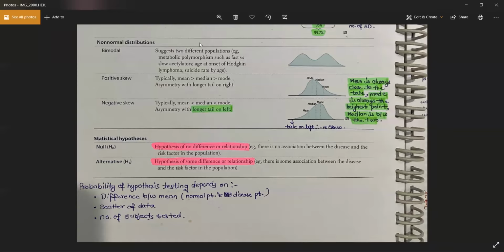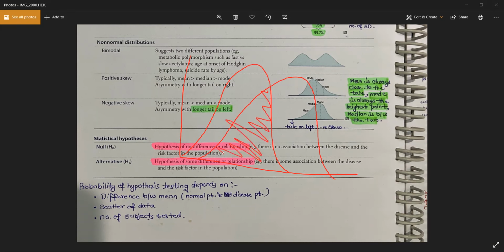For example, if the data is something like that, this is one group, the non-diseased group, and this is the diseased group. As you can see, the overlapping of the data between the two groups is very much high. So the chances of it being a null hypothesis or rejecting the study are very much high again. And if the scattering of the data is very much low and the overlapping of the data is very much low, then the chances of accepting the study is very much high again, right?